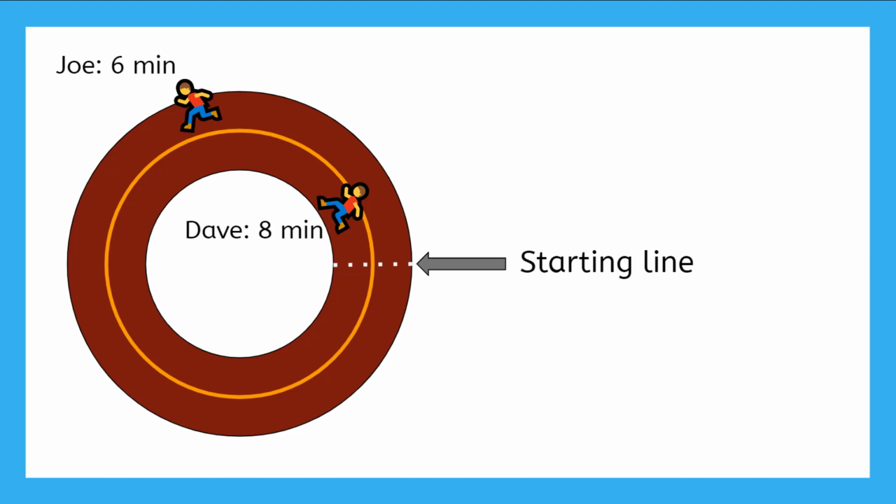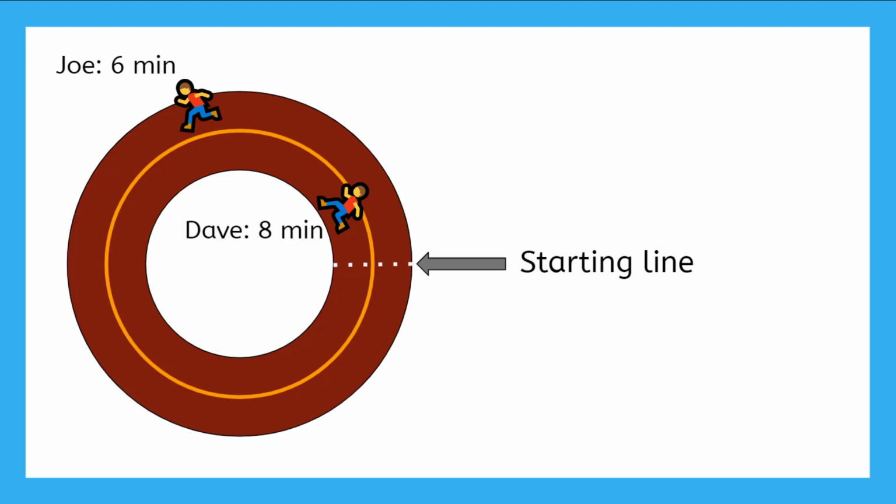Can you think of a method to solve this problem? Well, what are we really trying to calculate? The least amount of time that Joe and Dave will have their locations in common. So what we need to find is the least common multiple of 6 minutes and 8 minutes.